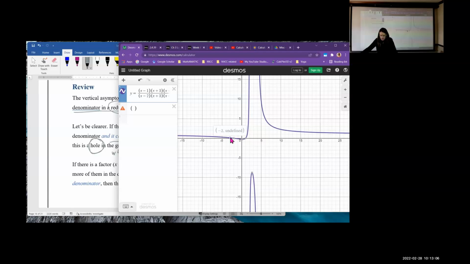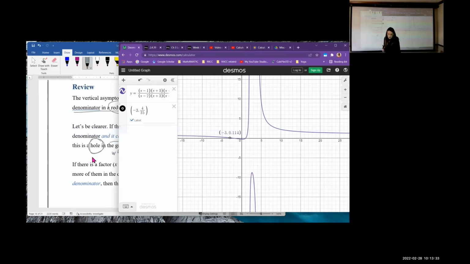Does everybody see that? -3, undefined. But I had to put the factor in there so it knows it's undefined. And this is going to be at -3, 4 divided by 35. And it's a hole, so it's not supposed to be solid. It's supposed to be empty. And we are going to label it. All right, so we have a hole there in the graph.